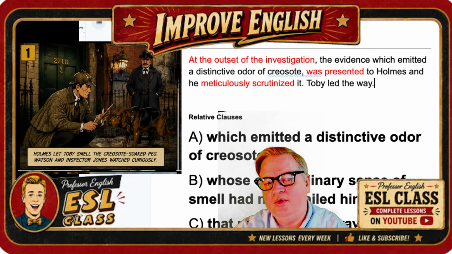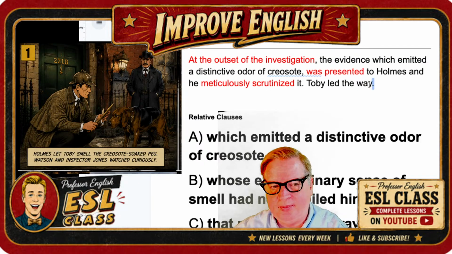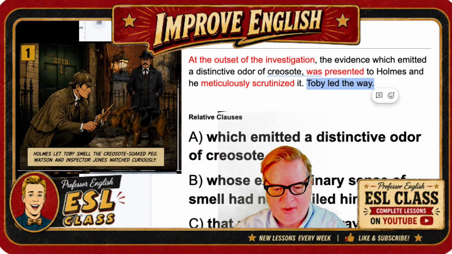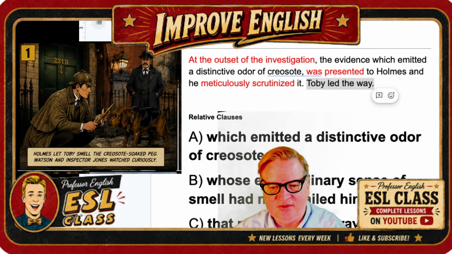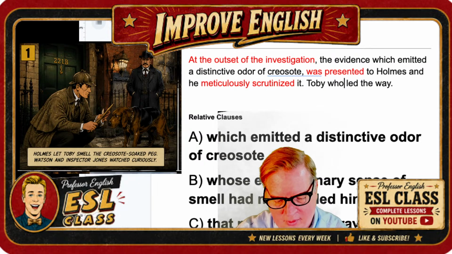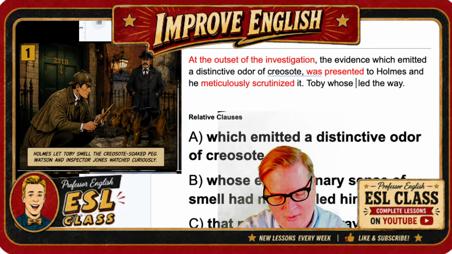That's right. So if we just have that very simple sentence, and I'll put that in Discord for you: Toby led the way. Where could you put this relative clause, whose extraordinary sense of smell had never failed him? Okay, Toby led the way. Yeah, Toby, whose extraordinary sense of smell had never failed him, led the way to the evidence.